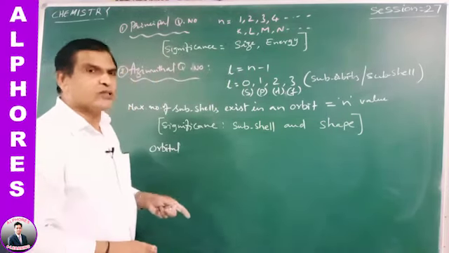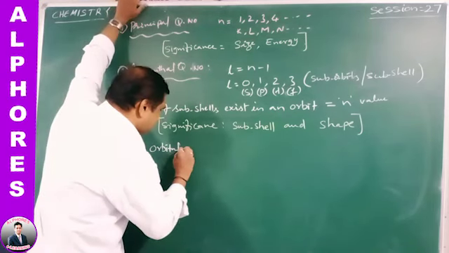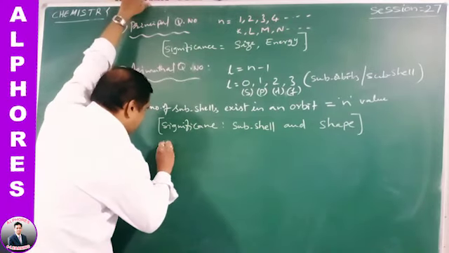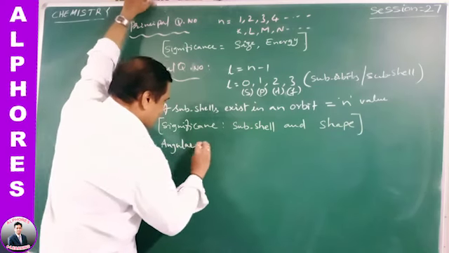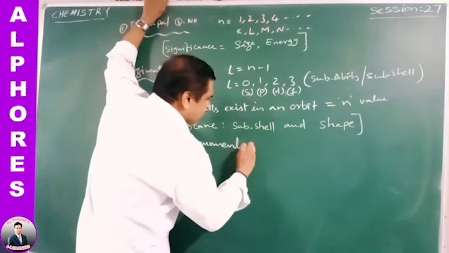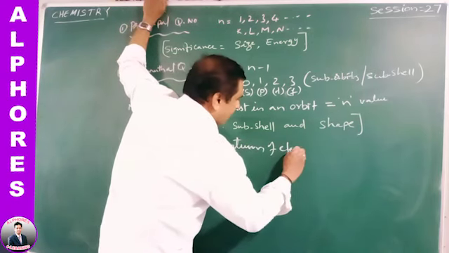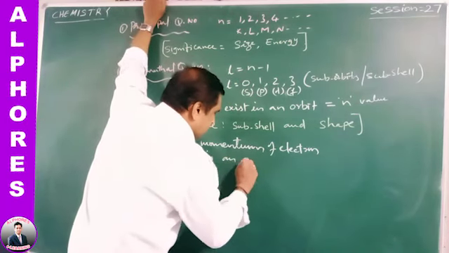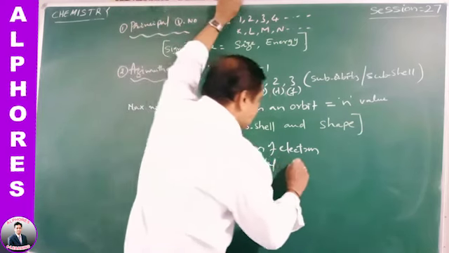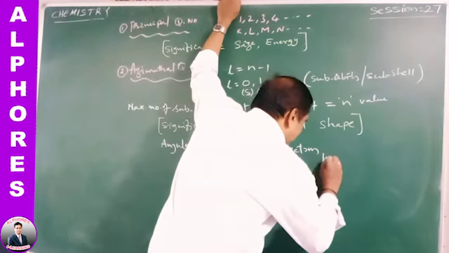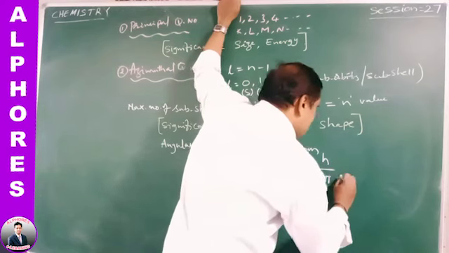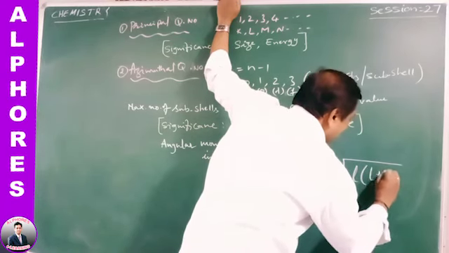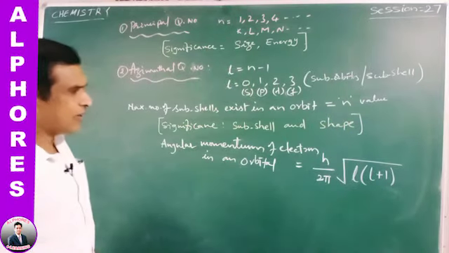The angular momentum of an electron in an orbital is equal to h by 2 pi into under root L into L plus 1. Important, okay, where L is equal to what?